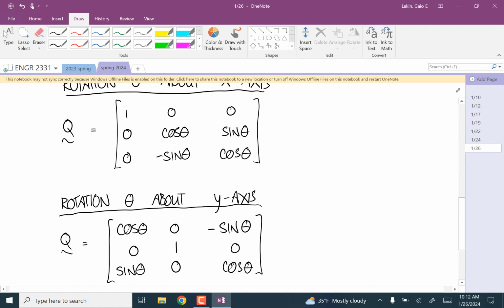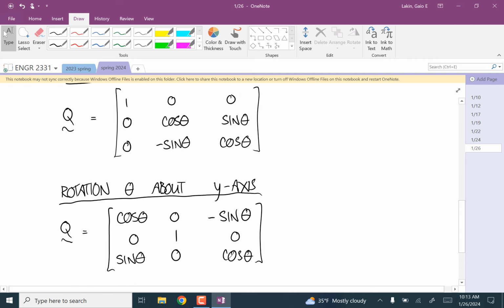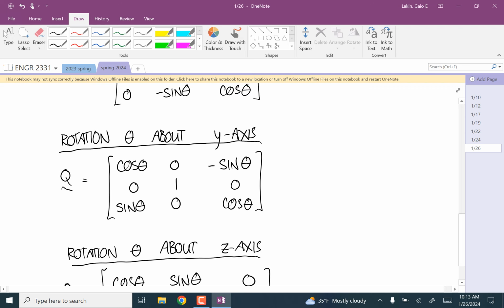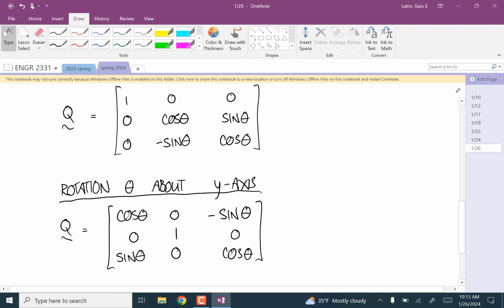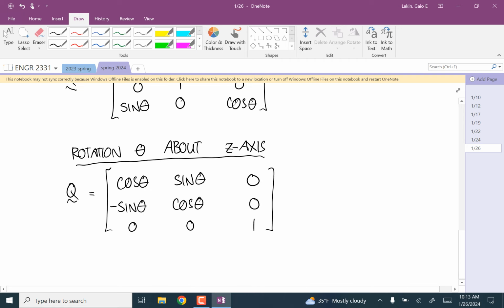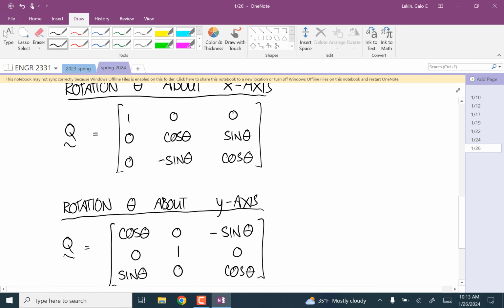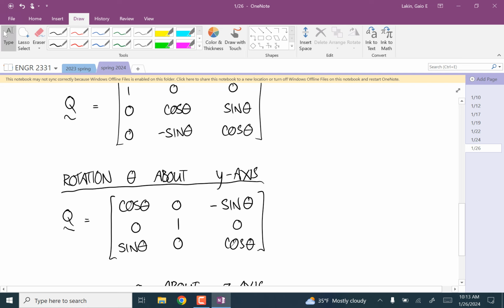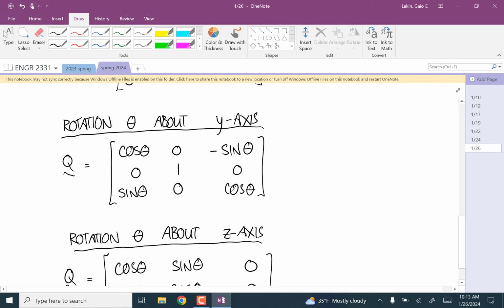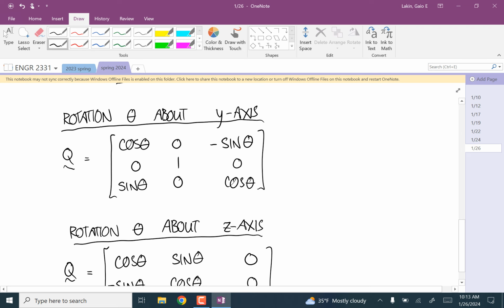I think of it like this: the pattern is like x and z, you have the zeros and ones in the axis you're rotating about. Cosine, sine, negative sine, cosine. And then y just always has to be weird because of its right-hand rule thing.